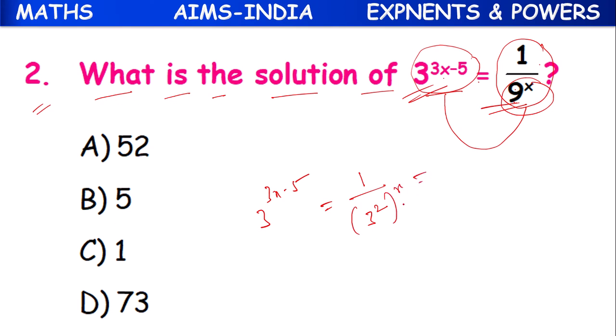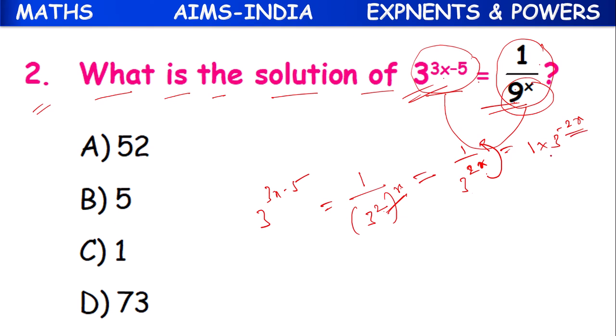Whenever we have two powers we can multiply them, 2 into x, 2x. So it is 1 by 3 to the power of 2x, but 3 to the power of 2x is in the denominator. If it goes to the numerator, the exponent sign will change, and it will become 3 power minus 2x.